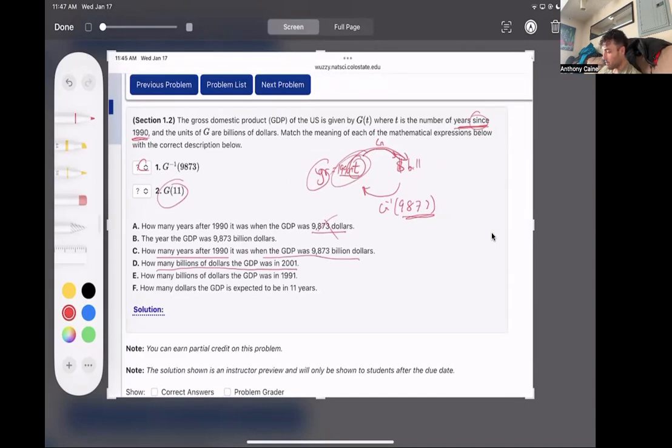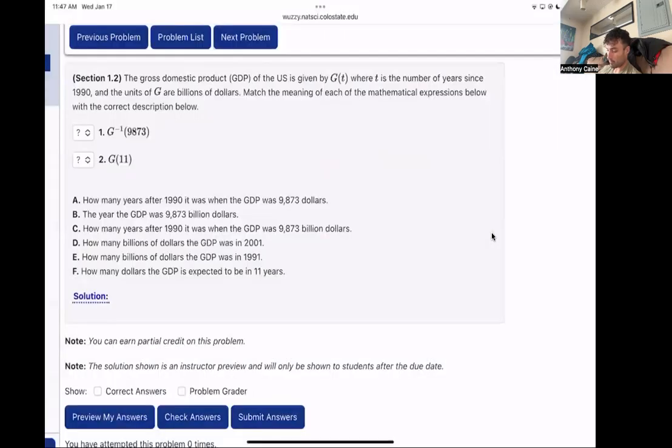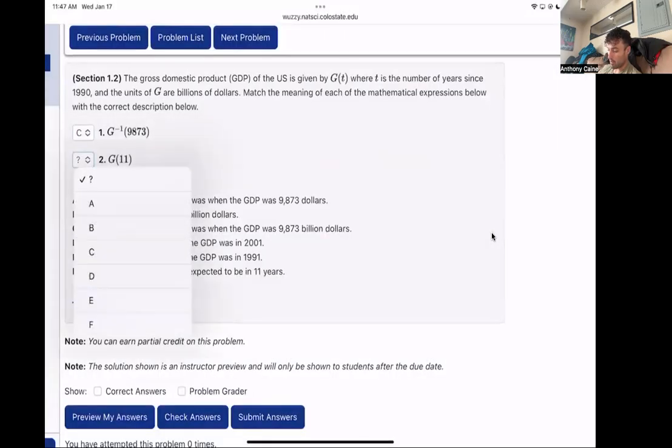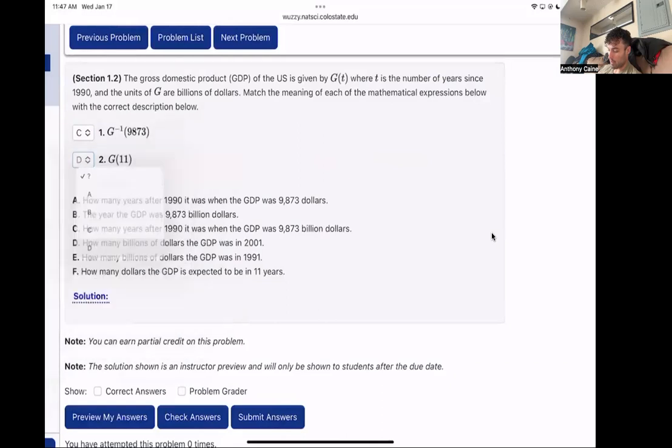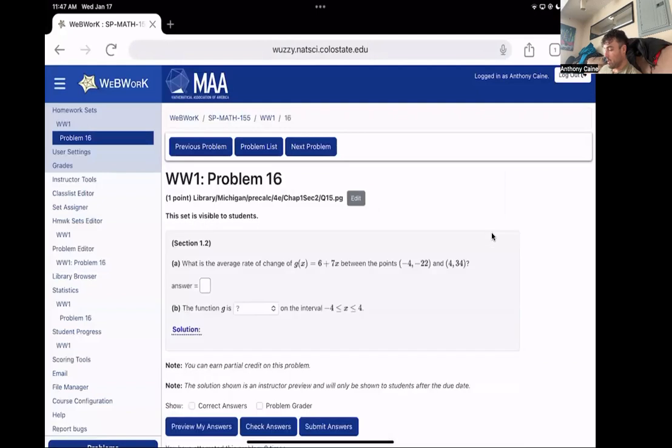Okay, I think this is good. We'll just go ahead and double check it. So it's C and D. Submit. There you go. Final few.